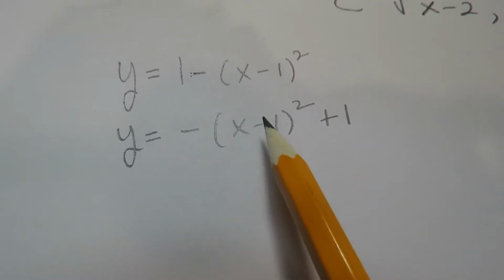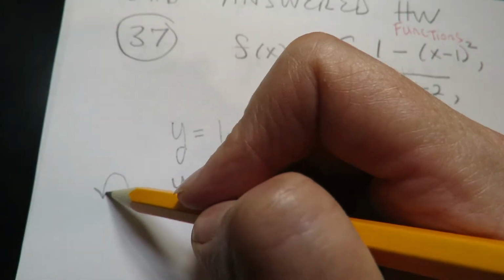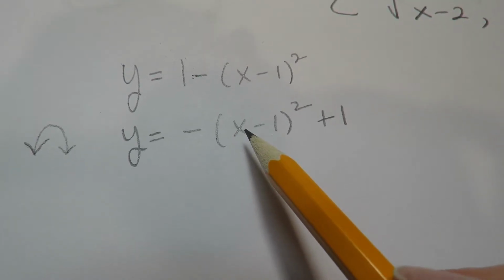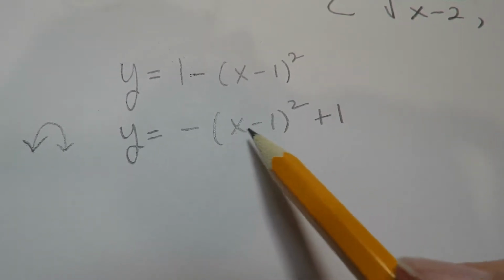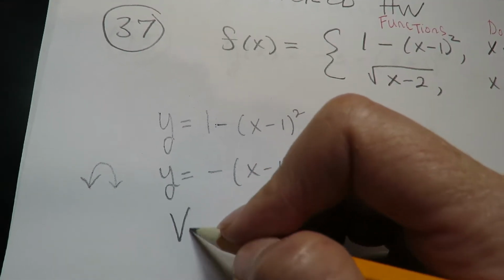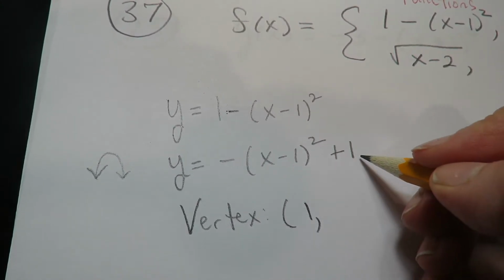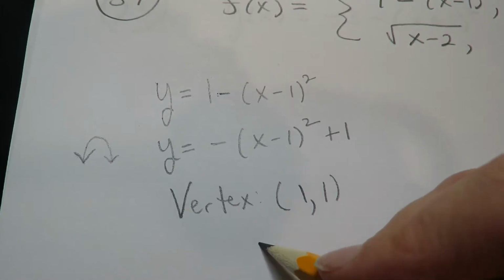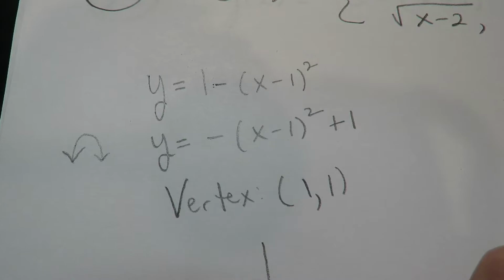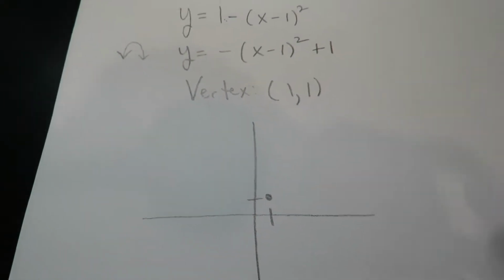There's a negative in front of the parabola, which means it's a face down parabola. And remember, it's opposite of the inside, so the vertex is 1 unit to the right because that's the opposite of the inside, and 1 unit up. So the vertex on this parabola, opposite of the inside, same as the outside, is 1, 1. Okay, so that's the vertex and it's face down.